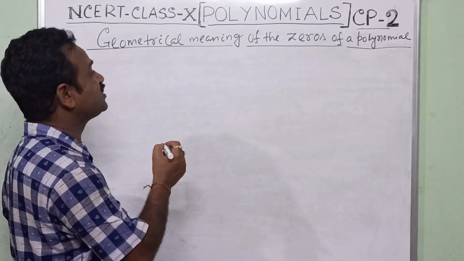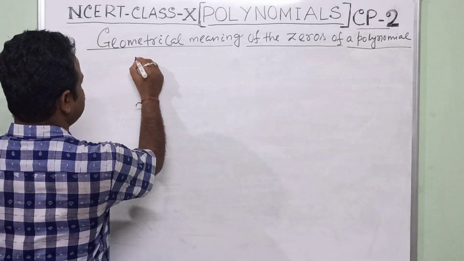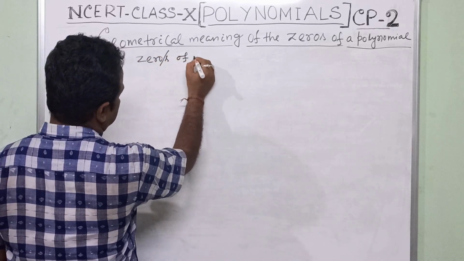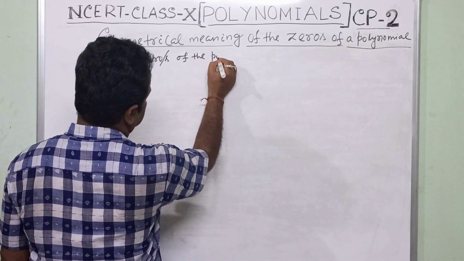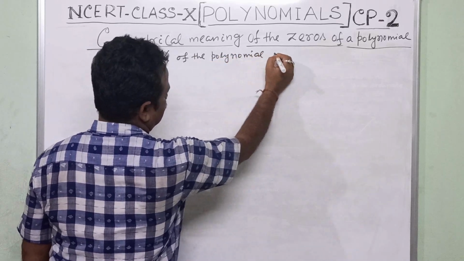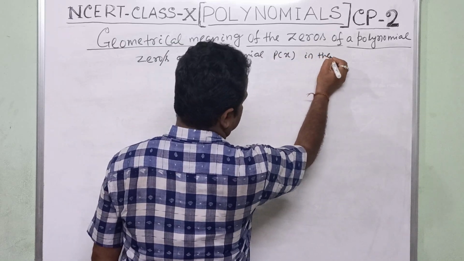Now how to find the zeros of the polynomial p(x) in the graph.